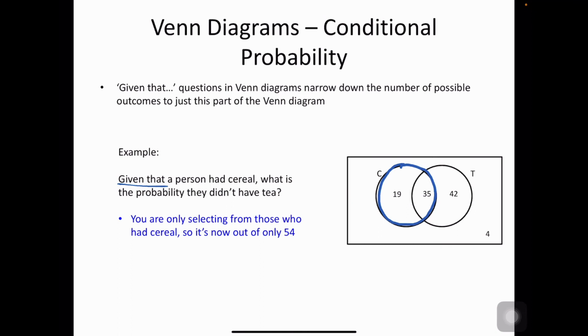So now our entire sample space is just out of 54, because we're disregarding those people who didn't have cereal. So of the 54 people, 19 of them did not have tea, because look, this 35 did have tea. And so the answer, the probability, is 19 over 54.